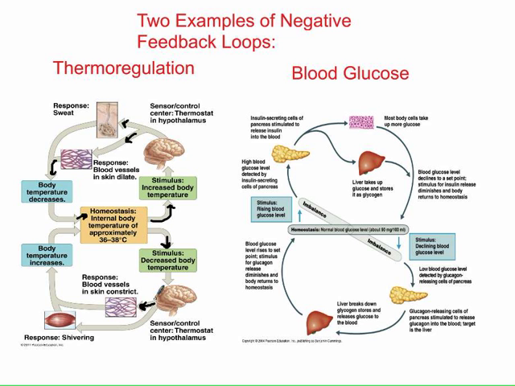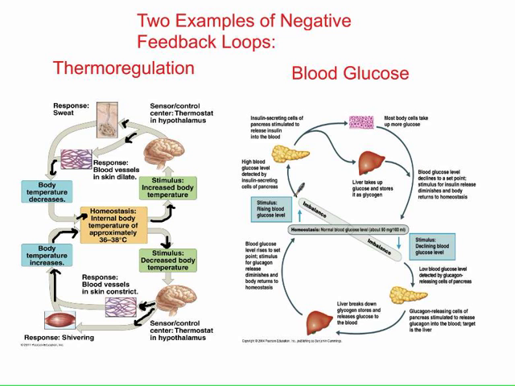It'll take your blood vessels away from the surface of your skin and therefore away from the cold. And you may also start to shiver. So a signal will be sent to your muscles to shake, and that will generate heat, and that will cause your body temperature to increase, and you'll be back at homeostasis. So this is a negative feedback loop. It counteracts change.